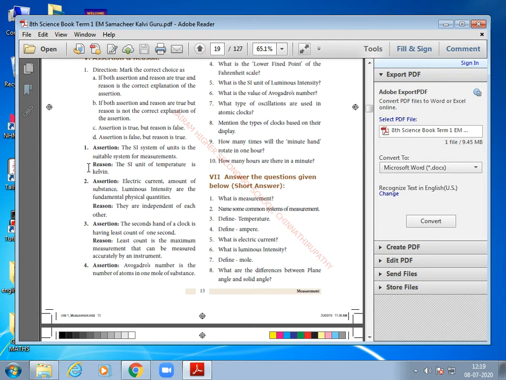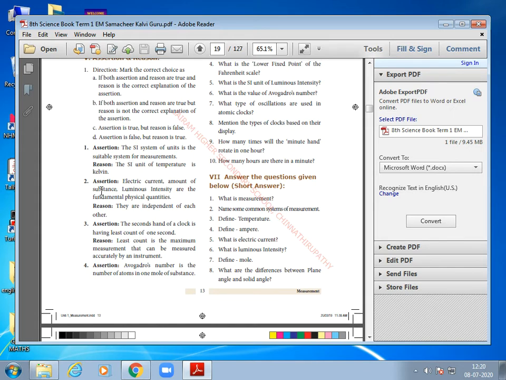The answer is B. B means both assertion and reason are true, but the reason is not the correct explanation. Now, the correct explanation is: the SI system of units is precisely defined and has the same value everywhere. The values will be the same in all places. That is the correct reason.